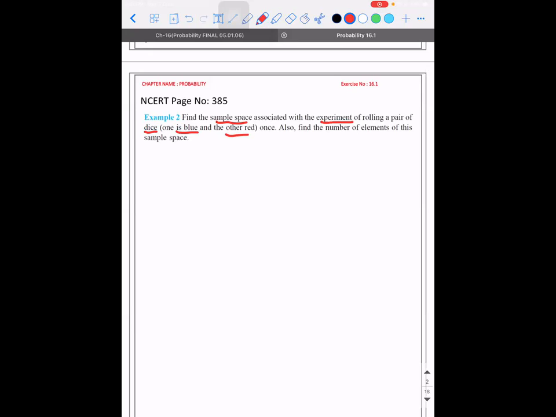How many outcomes will you have? If you roll one die, how many outcomes are there? We have 6, sir. If you roll 2 dice, 6 power 2, you will have 36 outputs. How you are going to get it is first, second.